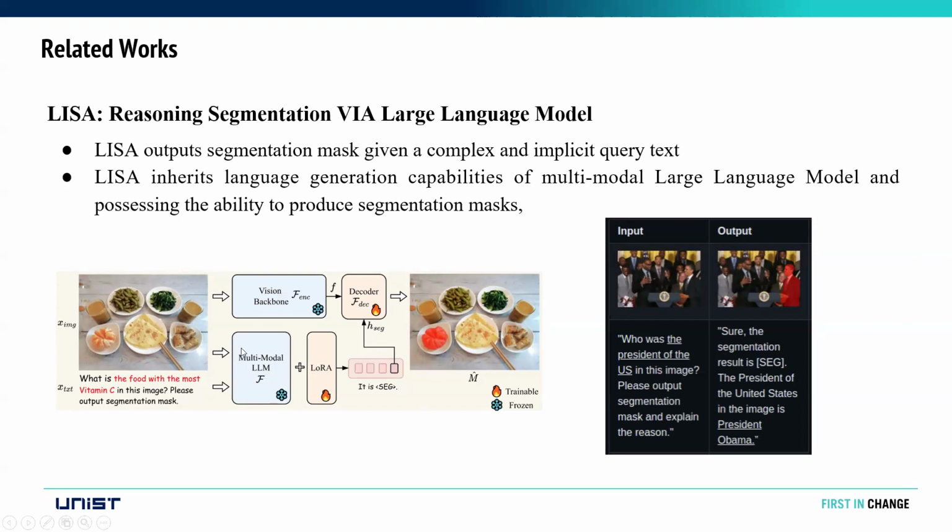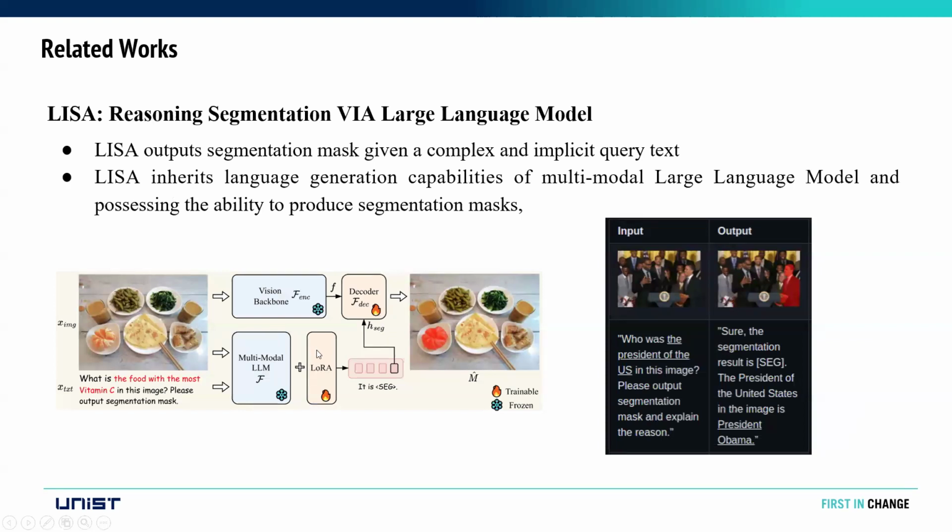LISA accepts both image and text as input, and then the text and image are sent to the frozen multimodal model. This model is fine-tuned using LoRA, which is an efficient fine-tuning method that I'm going to describe in the next slide.